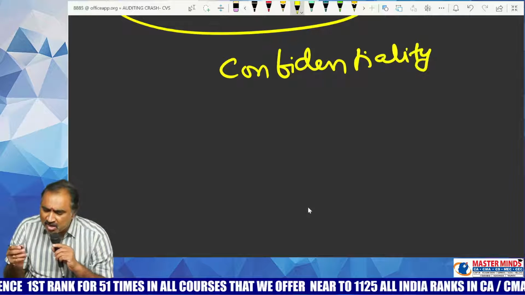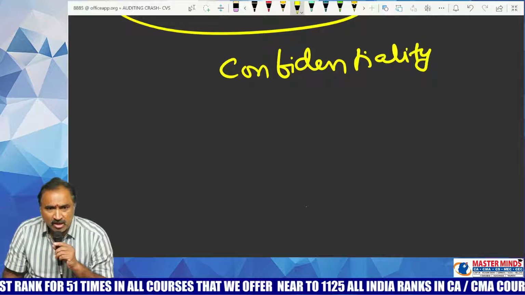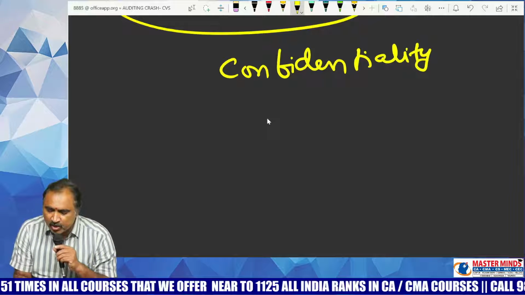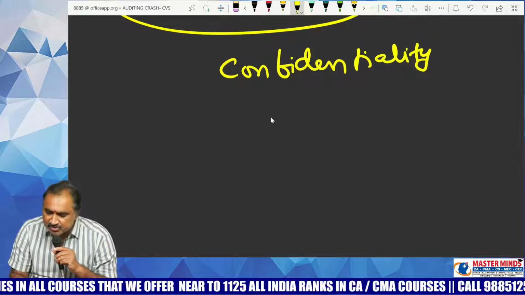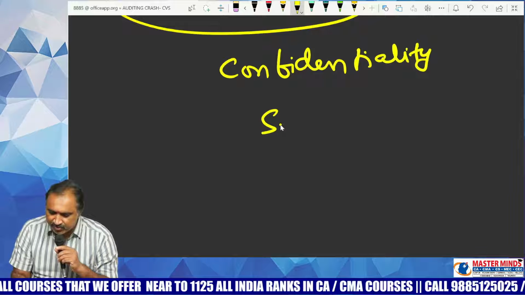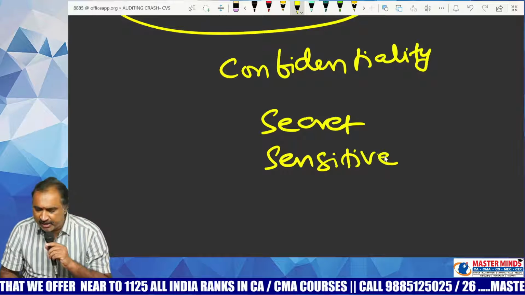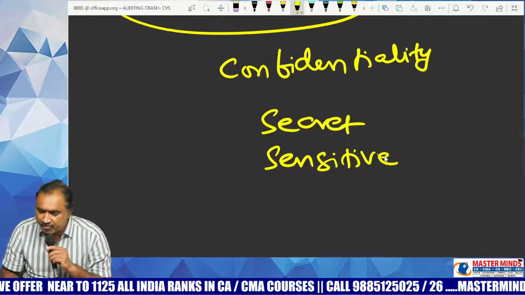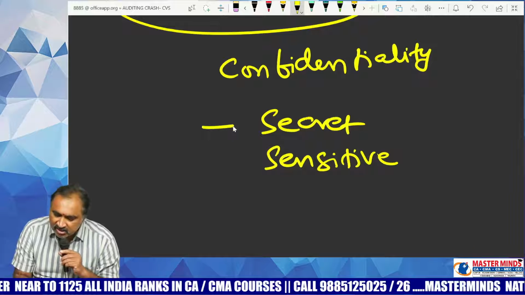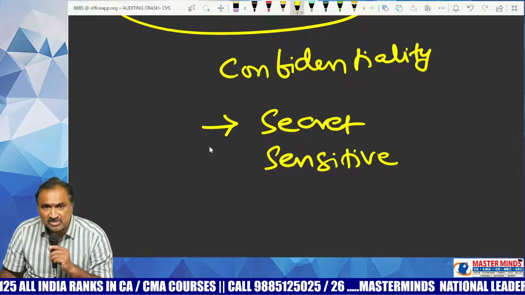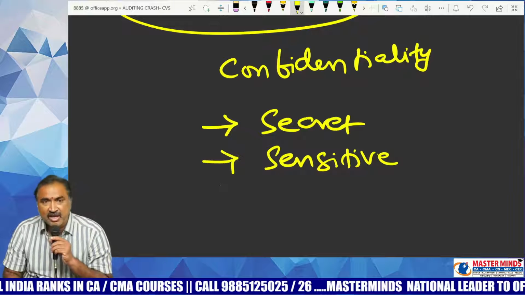The auditor is asking for some information from the company. The company is of the opinion that the information required by the auditor is secret or sensitive in nature.